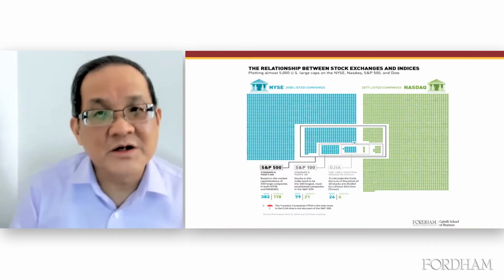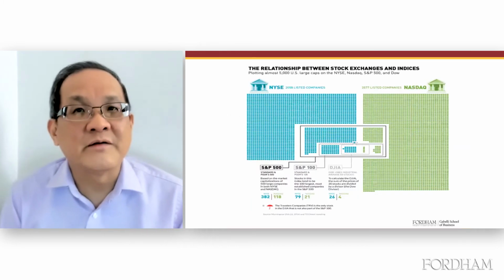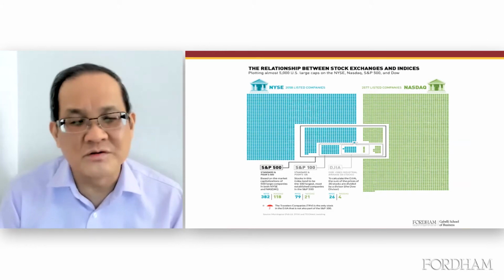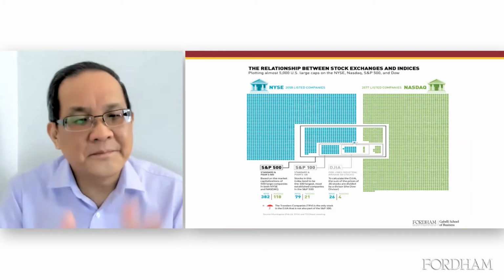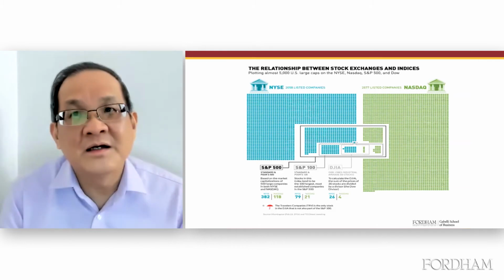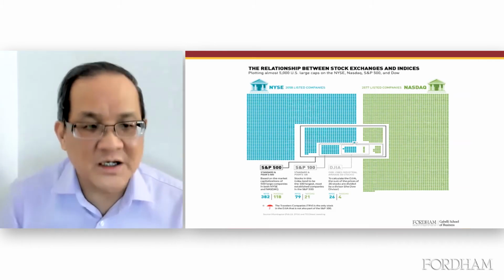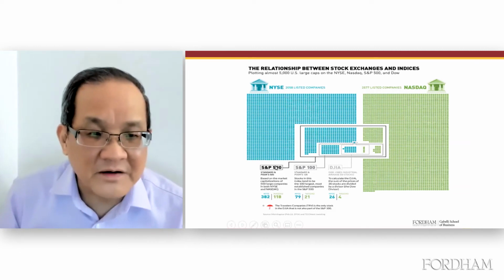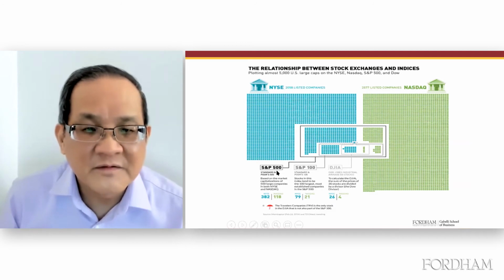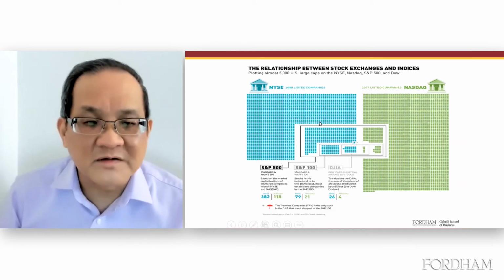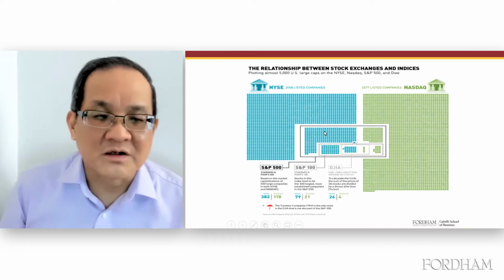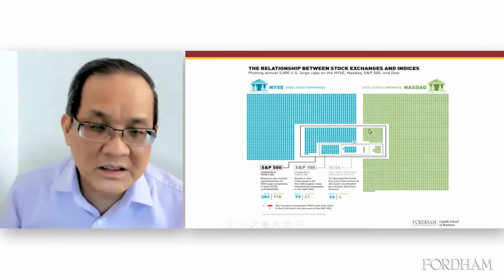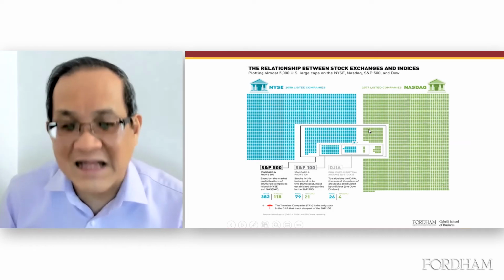I find this chart very useful because when we talk about the New York Stock Exchange, NASDAQ, S&P 500, and Dow Jones, this chart helps to clarify visually what we are talking about. As you can see here, a large part of the S&P 500 stocks are listed on the New York Stock Exchange, and about a third or a quarter are listed on the NASDAQ.